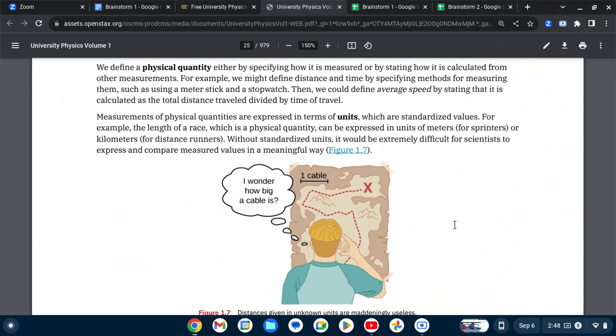Measurements of physical quantities are expressed in terms of units, which are standardized values. For example, the length of a race, which is a physical quantity, can be expressed in units of meters or kilometers. Without standardized units, it would be extremely difficult for scientists to express and compare measured values in a meaningful way.